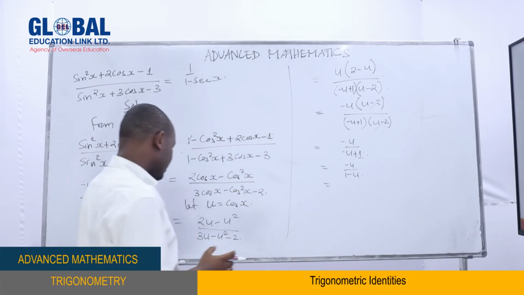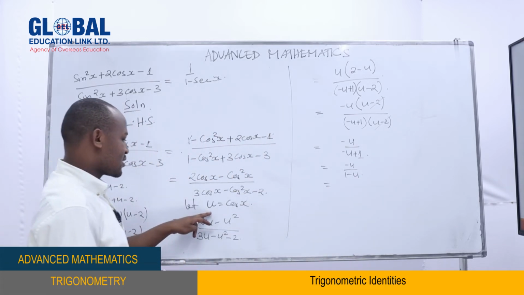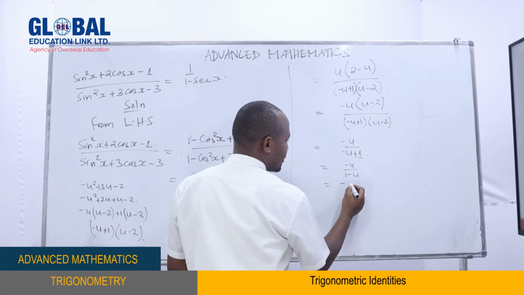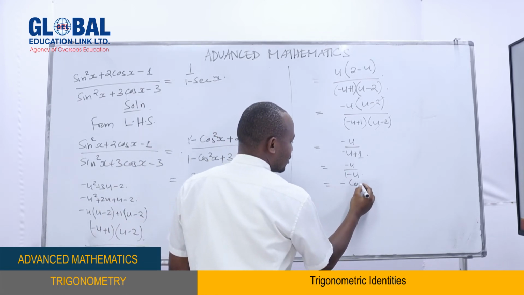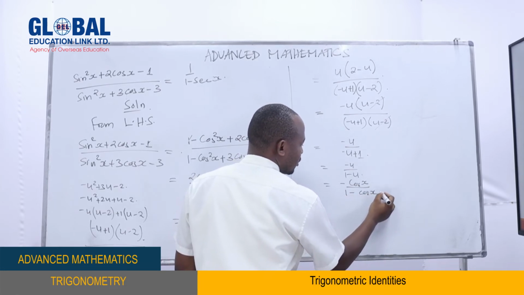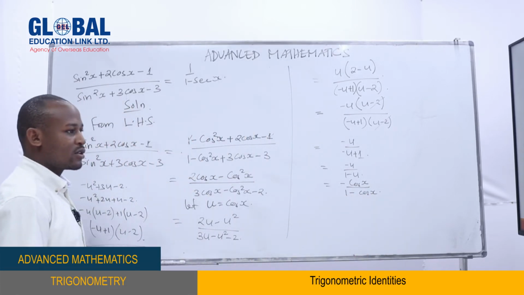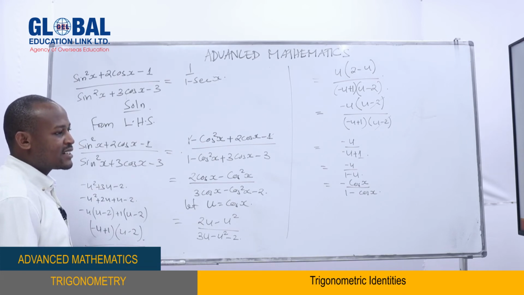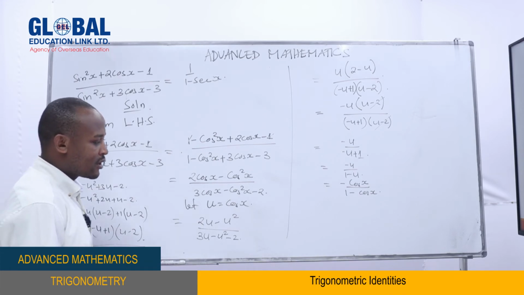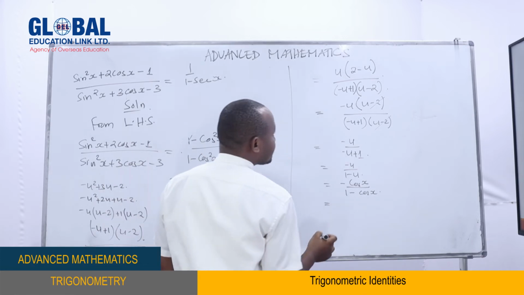And what was our u? Our u was cos of x. That means we are left with, replacing u, cos of x over 1 minus cos of x. Can we divide that by a negative cos of x?